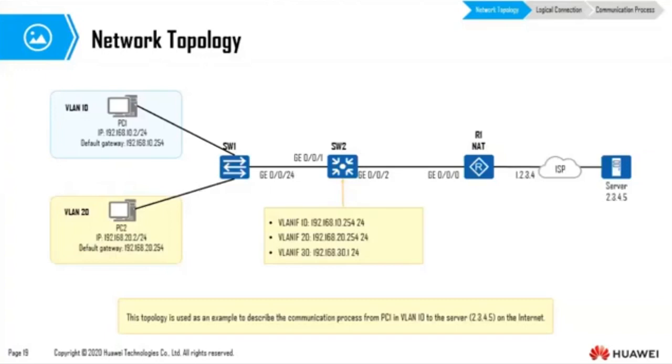So we want to understand how this process will happen. PC1 on VLAN 10 wants to talk to the server on the internet. This is our PC1, and this is the server on the internet. So how will that communication process occur? How will it flow?